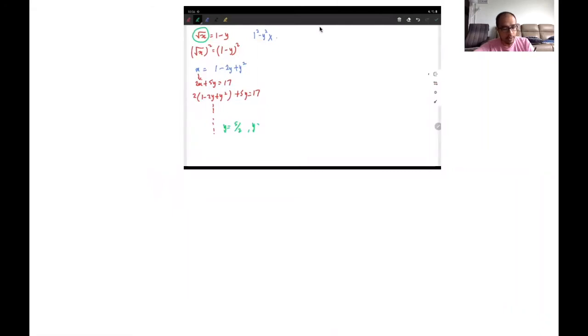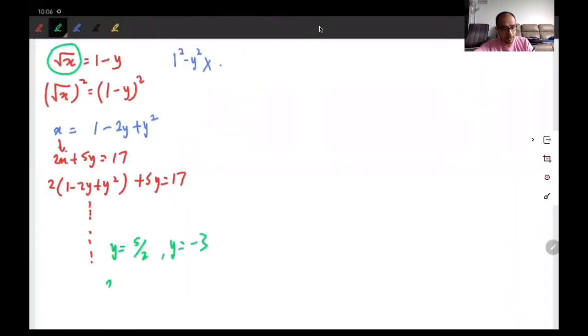And then after that, when you substitute, you get x equals to 9 over 4 and x equals to 16. Yeah, okay, should be. So as I said, nothing really special in this question except for that square root.